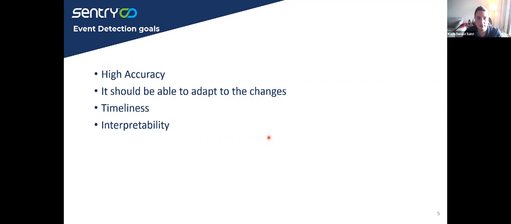So it should be adaptable to those changes. And it is important to raise the alarms quickly so that the operators can take actions effectively. So timeliness matters, and it should be easy to read. So it should be interpretable as well.